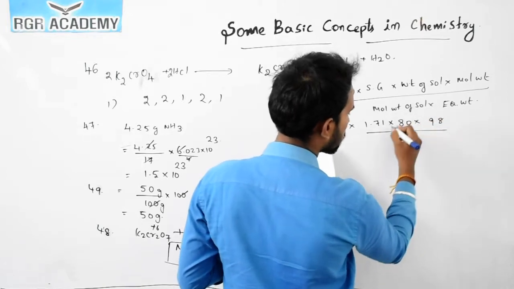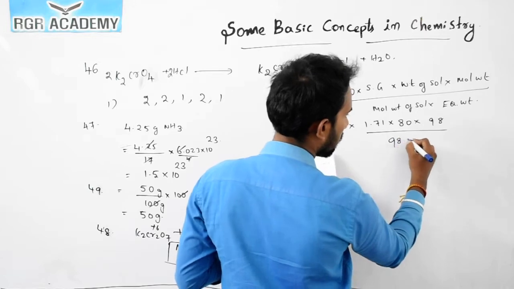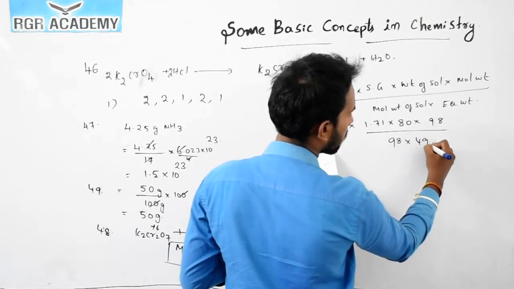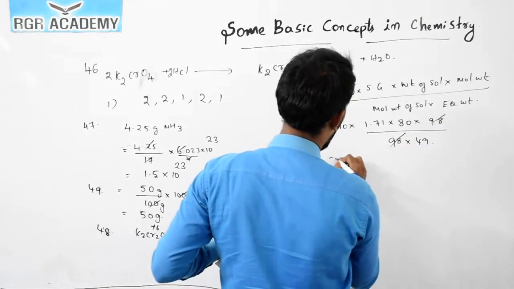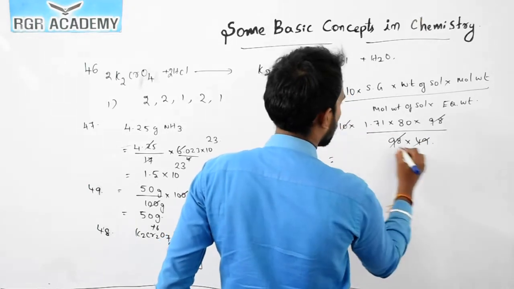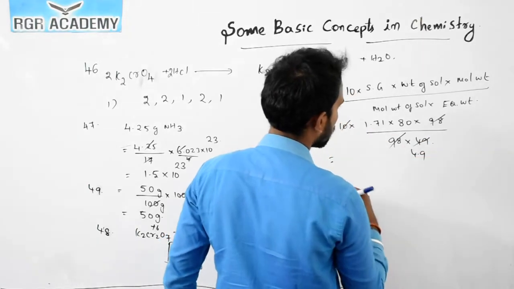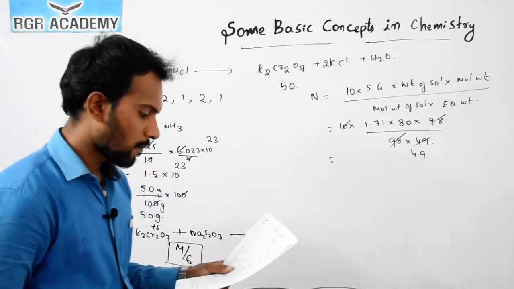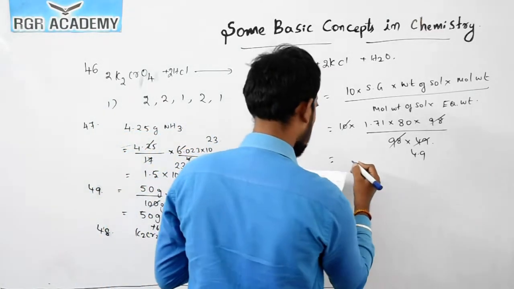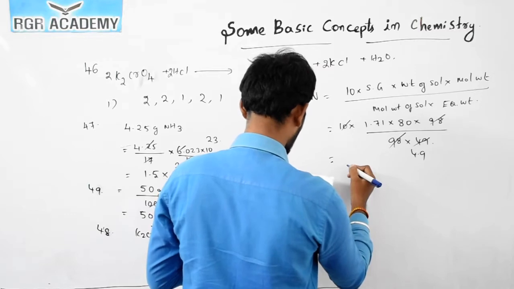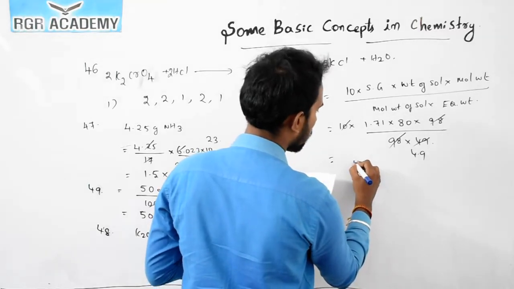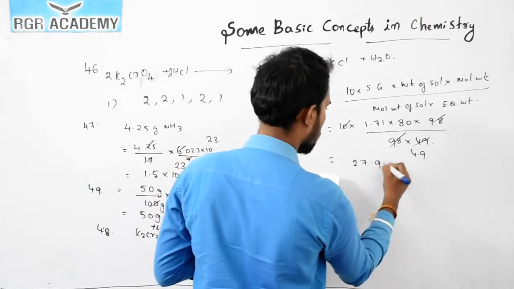So the molecular weight of H2SO4 is equal to 98, equivalent weight is 49. So when you substitute this value, you will get 27.9.